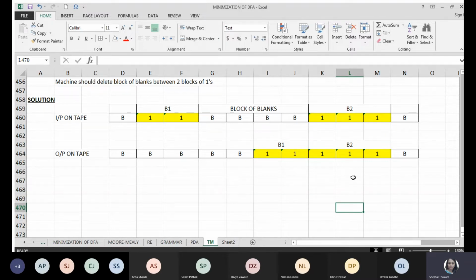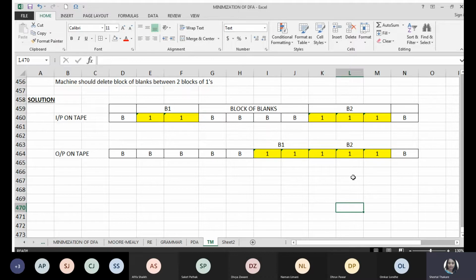So try to think about this, because when you say designing of Turing machine, it's a mechanical operation. You should think this tape is infinite in length. At a time, only one cell is visible. Right now, whatever I have drawn, the whole tape is visible to you, and you can count the total number of ones in B1 and B2.